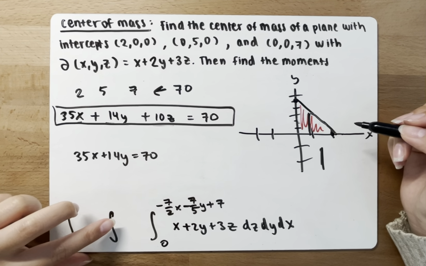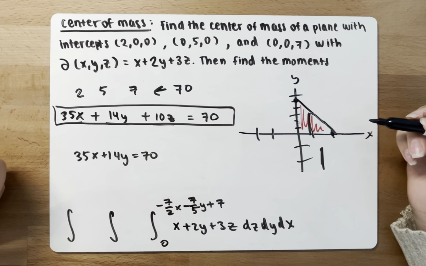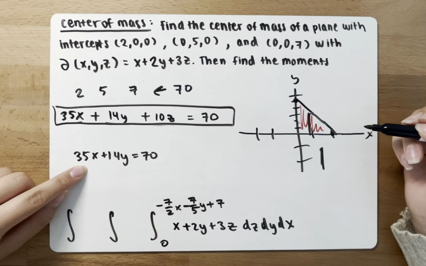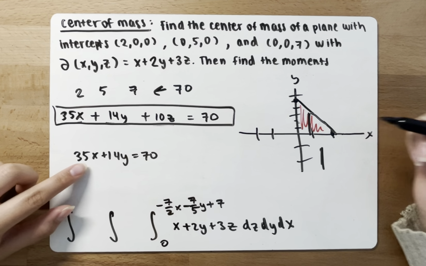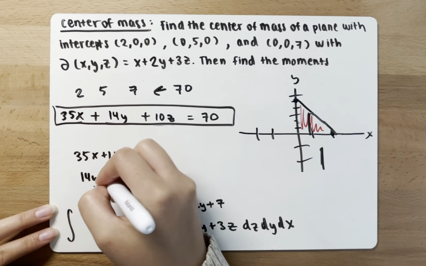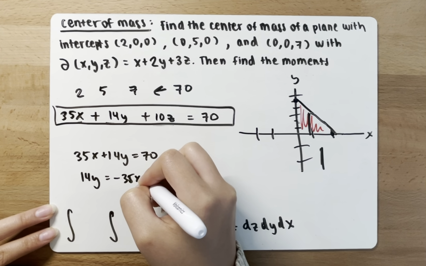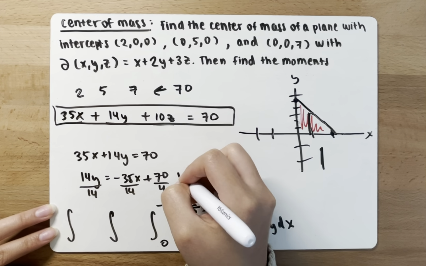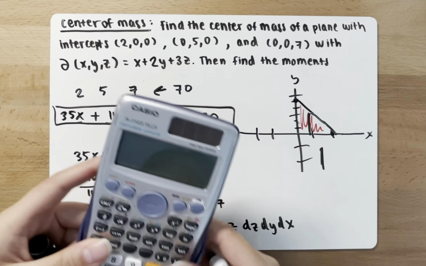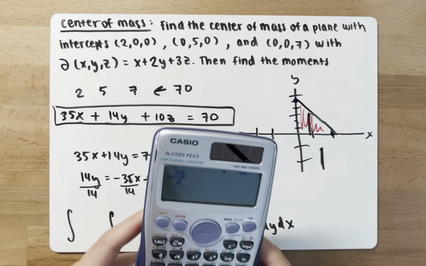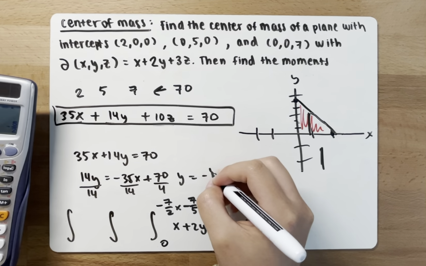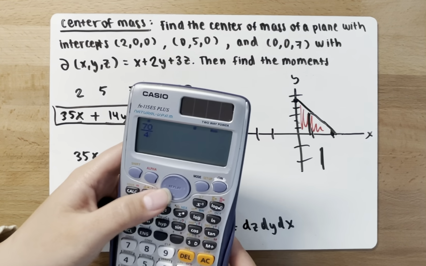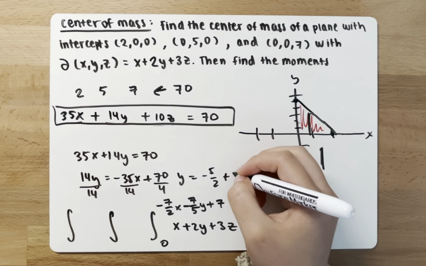So what would the boundary for dy be? In order to find it, you need to solve for y here. So we have 14y = -35x + 70. Divide 14 on all these values. You get y = -35/14, which is -5/2, plus 70/14, which is 5.